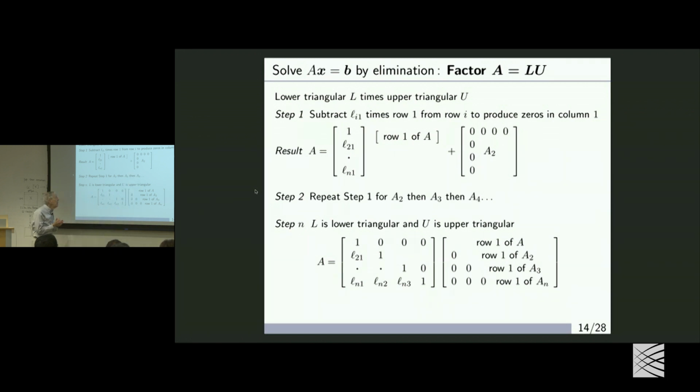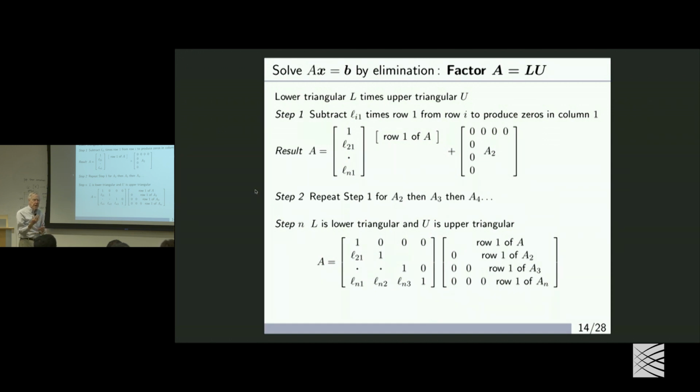Do you see that? So elimination starts with A and factors out this rank 1 piece. Can you spot rank 1 matrices now? Column times row. It eliminates this rank 1 piece and leaves a problem that's one size smaller.